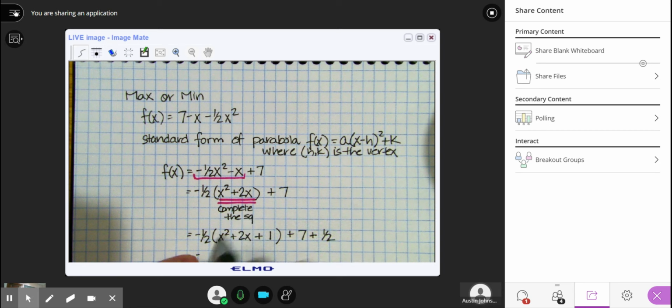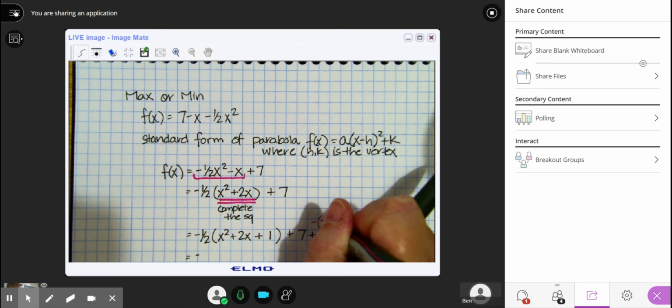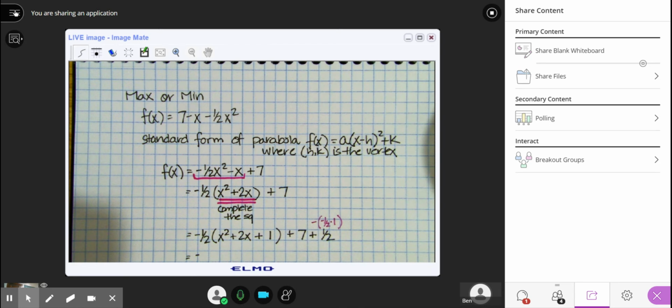Okay. I added a 1 in, right? But it's being multiplied by a negative 1/2. So I need the opposite of that here. So I need the opposite of a negative 1/2 times 1.